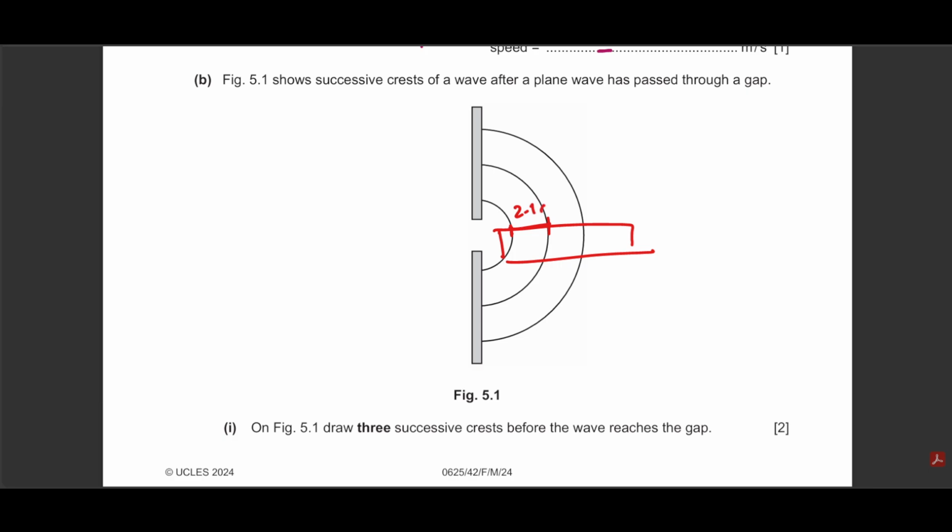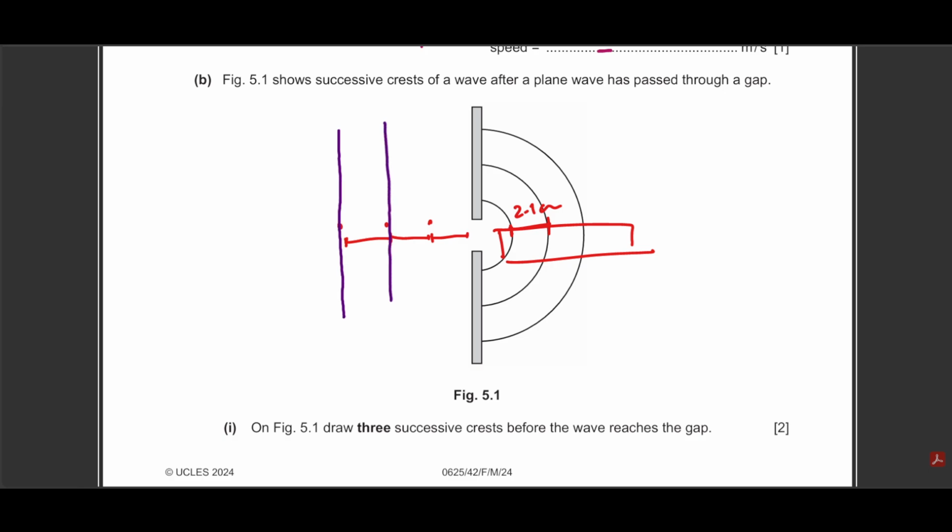Let's say this comes out as 2.1 centimeters. Good. So let's measure 2.1, then 2.1, then 2.1, and make dots over here, exactly on the line. This will help you visualize the three crests.